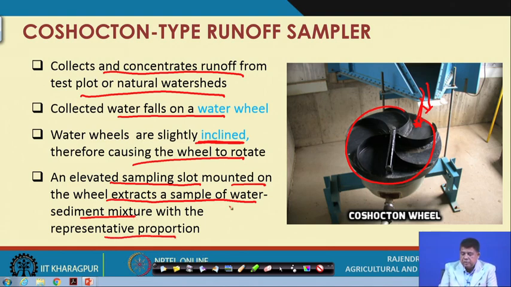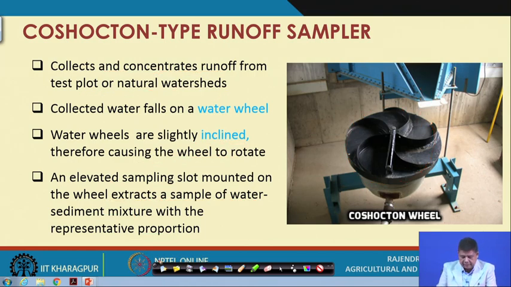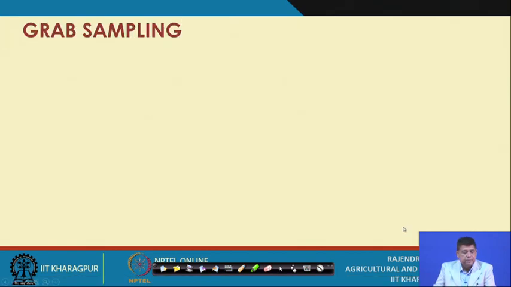As we saw, the total volume of runoff can be measured, and from analyzing this sample we can find out the weight of the dry soil, and then the proportional soil loss in kg per hectare can be calculated for Coshocton type wheels also, like we did for the multi-slot divisor.